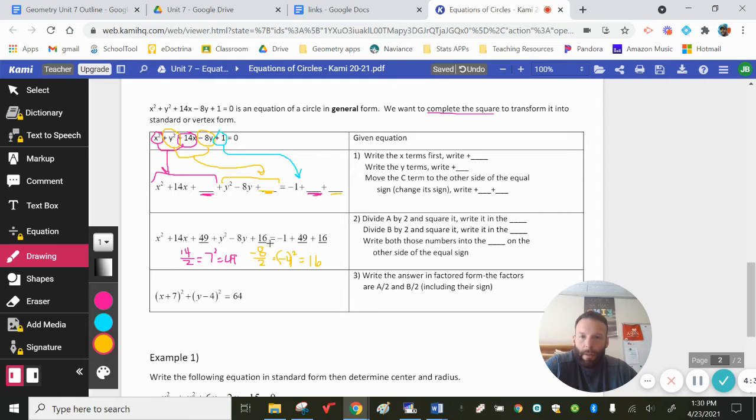So that's where I got the 16 from. But again, I added a 16 on the left side of the equal sign, which is right here, and to the right side, whereas I also added the 49 to both the left side and the right side. Okay, now let's talk about y.